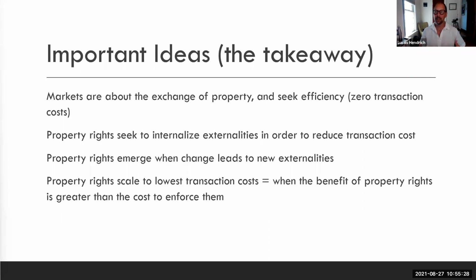So again, we're not taking property rights for granted at all. We're saying, well, how did this come about? Property rights emerge when change leads to new externalities, and we see several examples of that. And then property rights scale to the lowest transaction cost, which means the benefit of property rights is greater than the cost to enforce them.